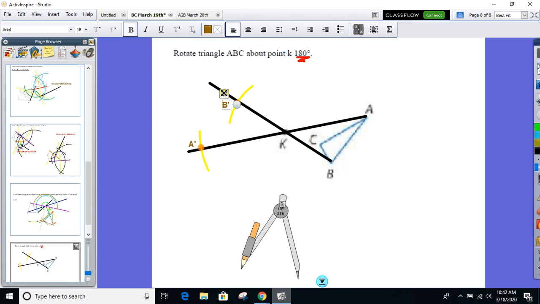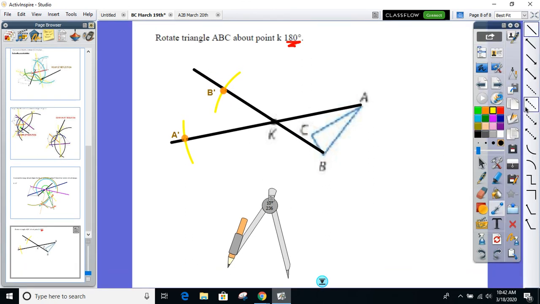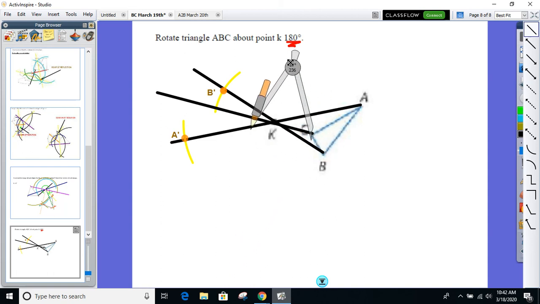And one more little C prime action. And we'll copy that distance from C to K. Looks good. Copy it over.